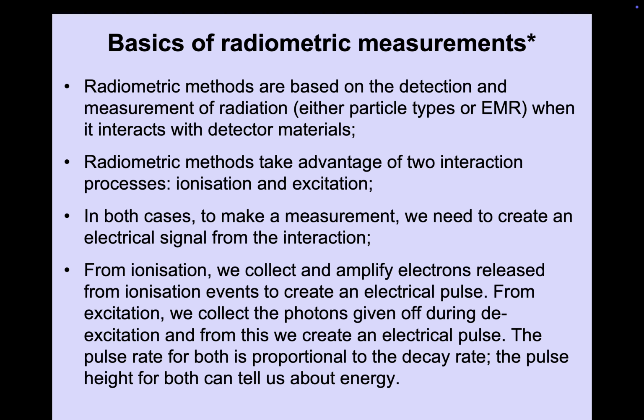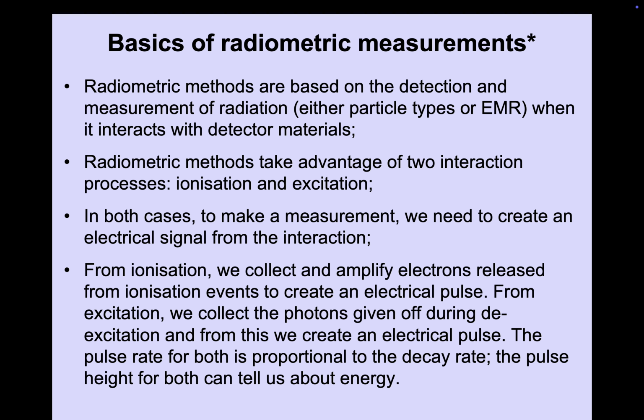We're going to detect either of these things when they interact with the material that the detector is made out of. Radiometric methods take advantage of two types of interaction process when either the particle or the electromagnetic radiation impacts the detector material. Those interactions are ionization, so liberation of an electron, or excitation.